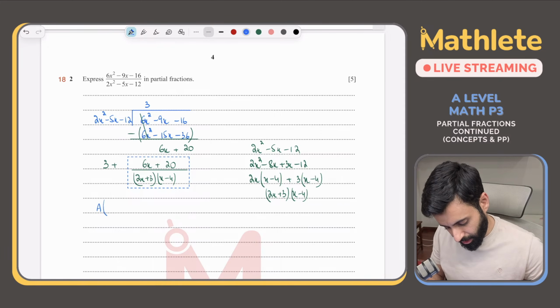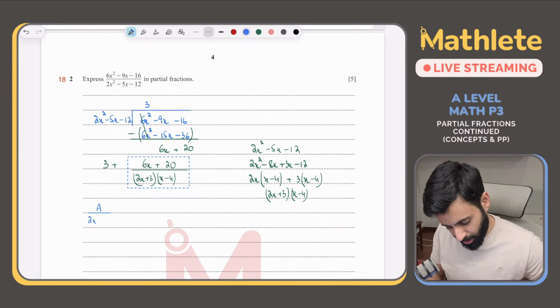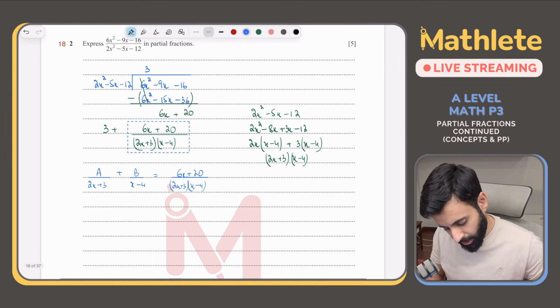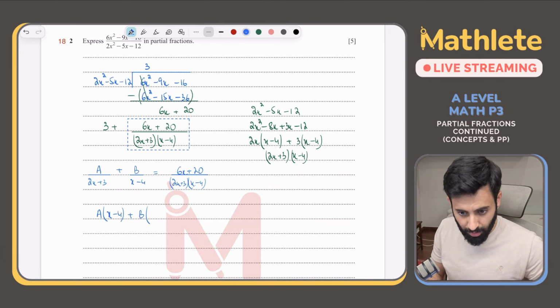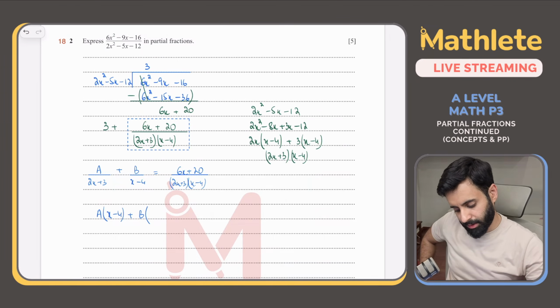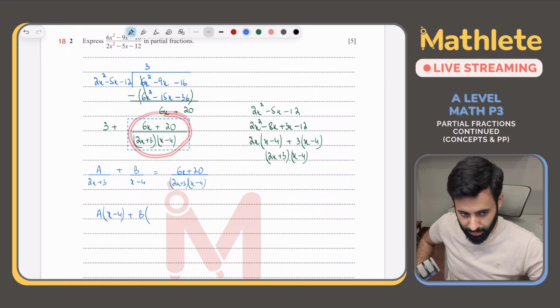Let's write it like this: A over 2x plus 3 plus B over x minus 4 equals 6x plus 20 over this entire denominator. We don't consider the quotient because there's nothing you're going to do with it. There's no need to express 3 in partial fractions because 3 is already an integer. This is what now needs to be expressed in partial fractions.